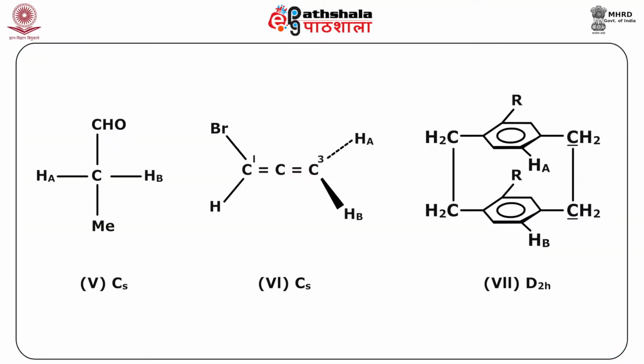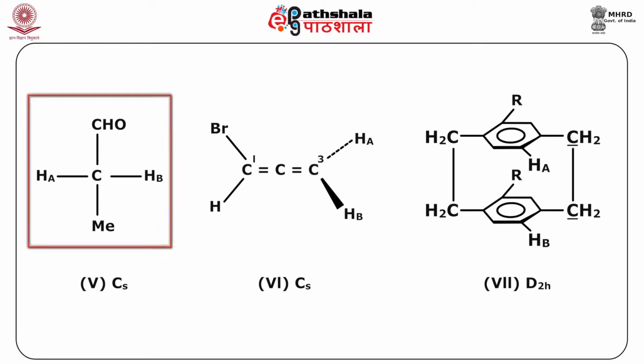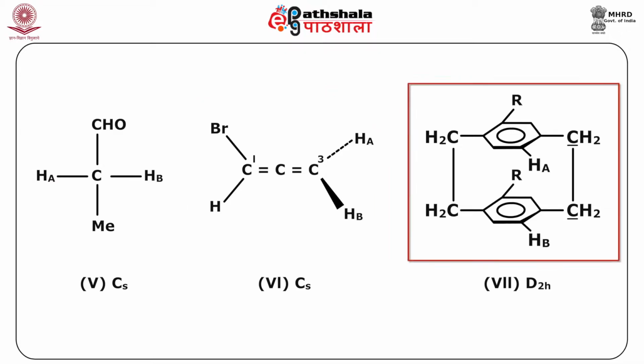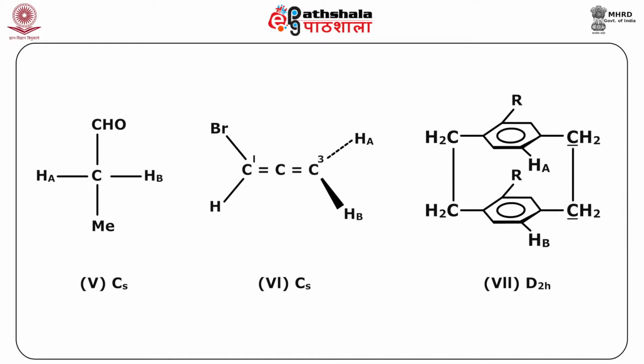Some of the examples are shown here. The cases of propionaldehyde shown by the structure 5, monobromoethylene, alkyl substituted paracyclophane. In all these cases, only one pair of enantiotopic hydrogens is shown. Replacement of Ha and Hb one at a time with D, that is deuterium, leads to enantiomers.